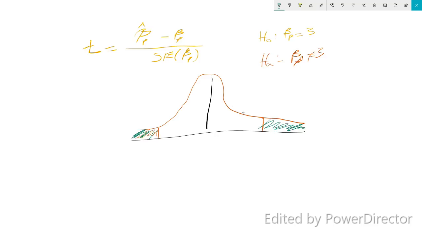Otherwise, we're going to accept the null hypothesis, which is beta is equal to 3. So what we want to do is look up this value, and we want to find this t-test. So we look at this t.